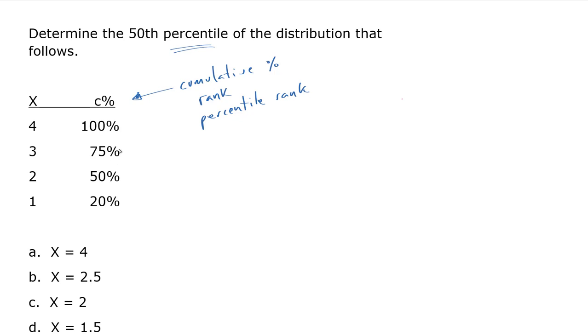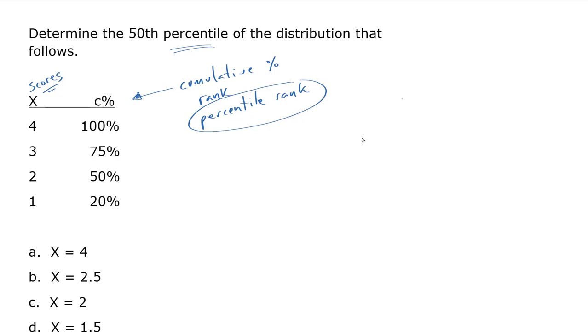Now, we have to be a little bit careful when we're reading this, because considering that this is percentile rank and percentile ranks go with percentiles, you might be tempted to think that your list of scores over here are percentiles. What is a percentile and how does it relate to a percentile rank?